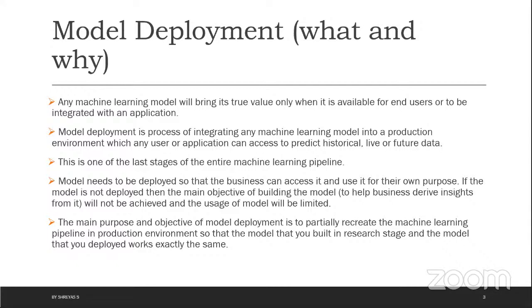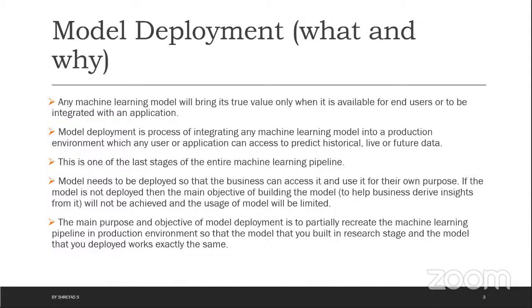If your model is not in a production environment, if it is not accessible to a user or any business owner for integrating it with the application, or for any user to predict historical, live or future data, then there is no use of such a model. Just building a model in a Jupyter notebook is not the last stage.